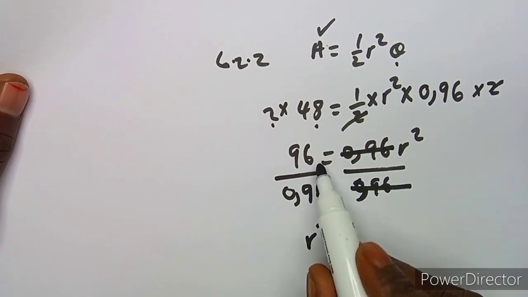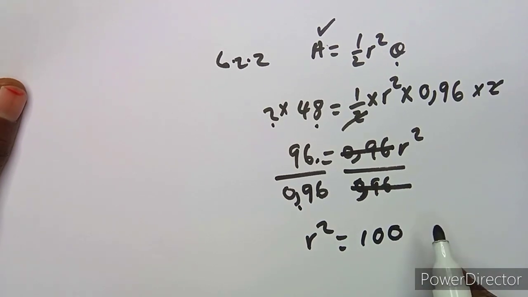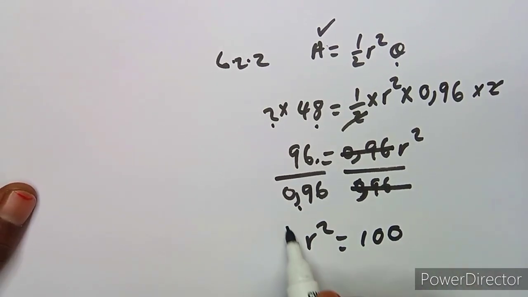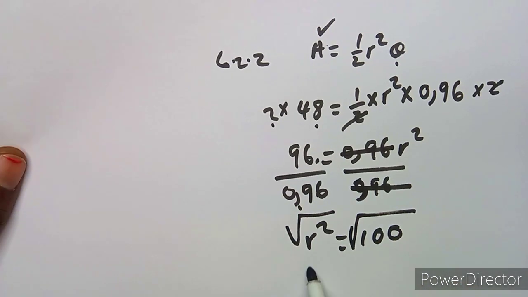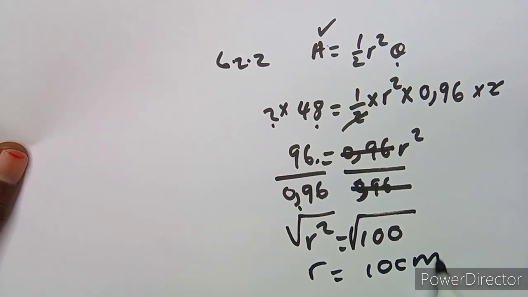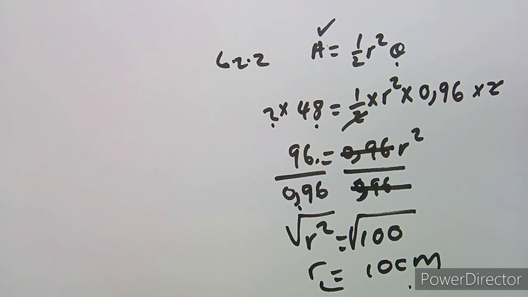R squared is equal to, if you divide these two, 100. And to find r, definitely you have to introduce the square root, and this is in centimeters because we are given the area in square centimeters. So therefore the radius is going to be in centimeters.